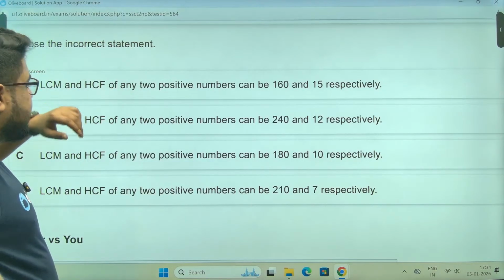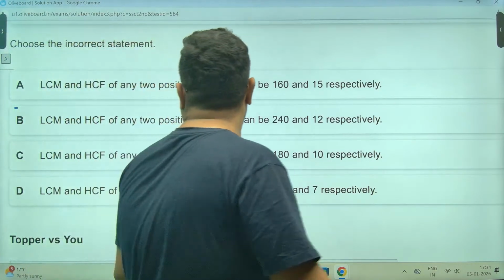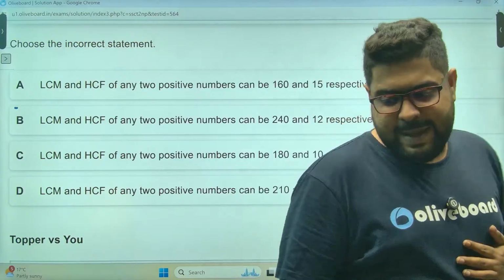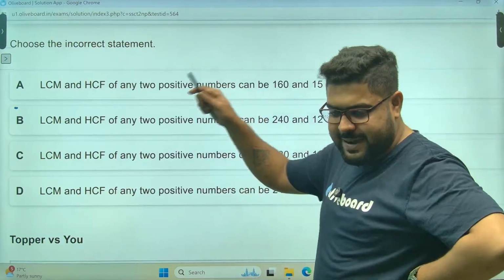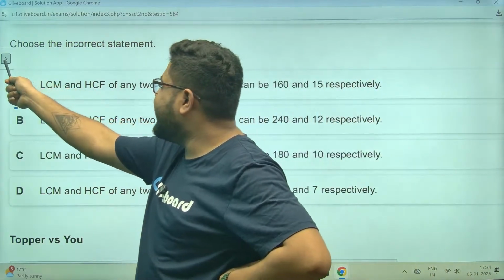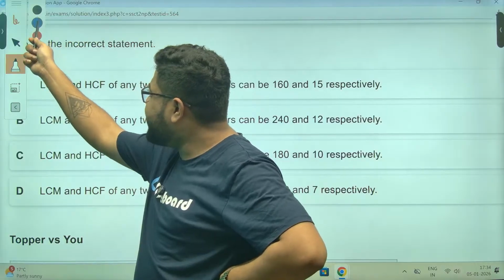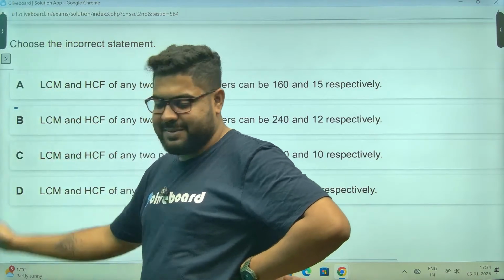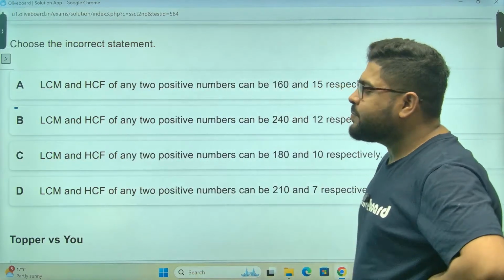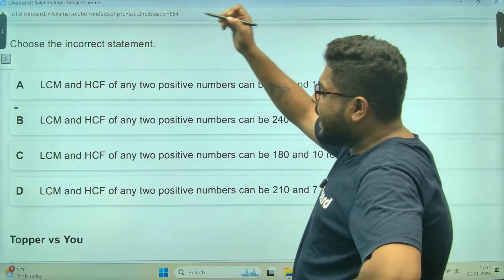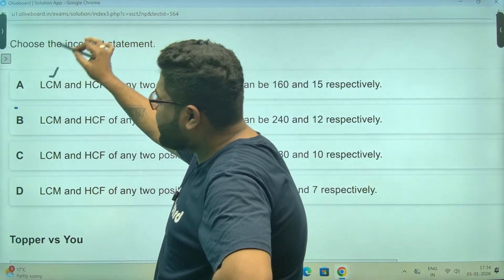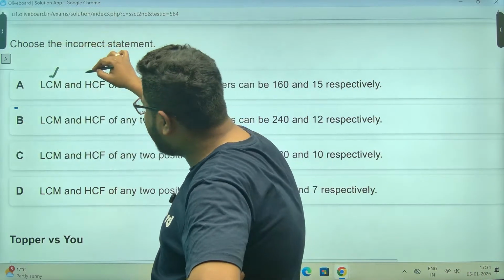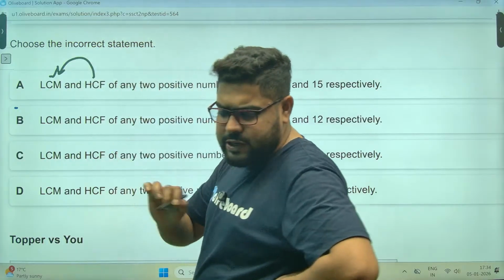Choose the incorrect statement. A couple of days back only in my tier 2 practice batch that is currently going on, I did a similar question. One PYQ actually. This question was asked initially, in one of the shifts. So I'll always remember, LCM of two numbers has to be a multiple of their HCF for any number.